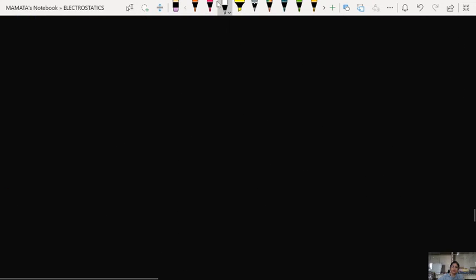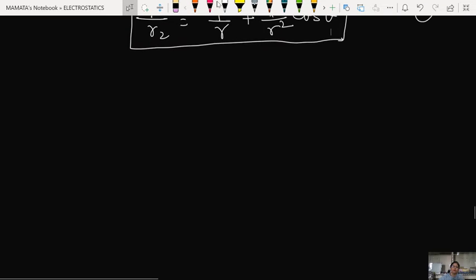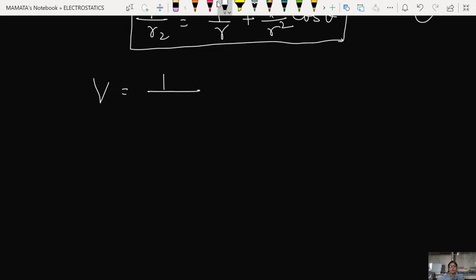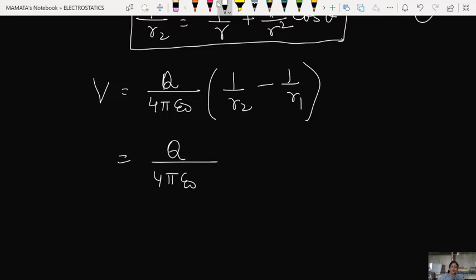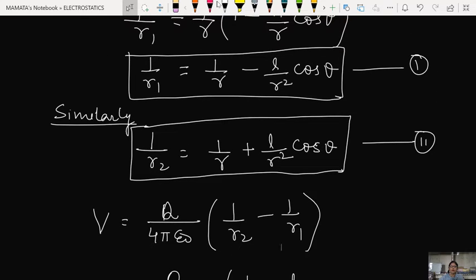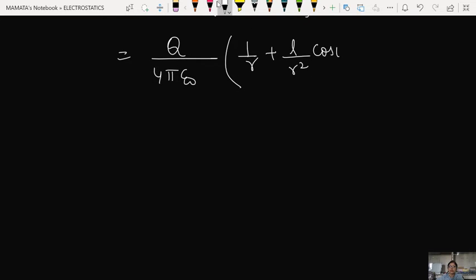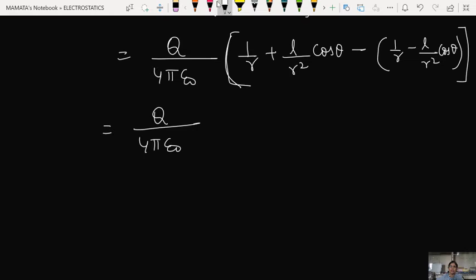In this formula, if we put the values of 1 upon R1 and 1 upon R2, we get q upon 4 pi epsilon naught times 1 upon r plus l upon r square cos theta, minus 1 upon r minus l upon r square cos theta.